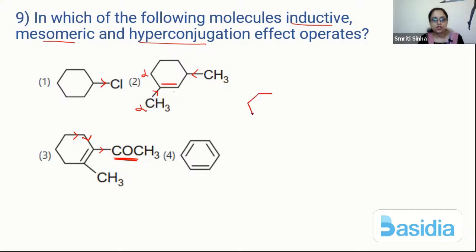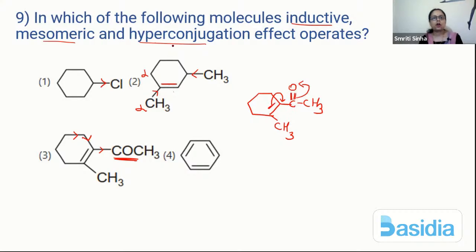If I draw this structure properly, it looks somewhat like this. You can talk about the mesomeric effect here, that is resonance, because there is conjugation present: double, single, double.